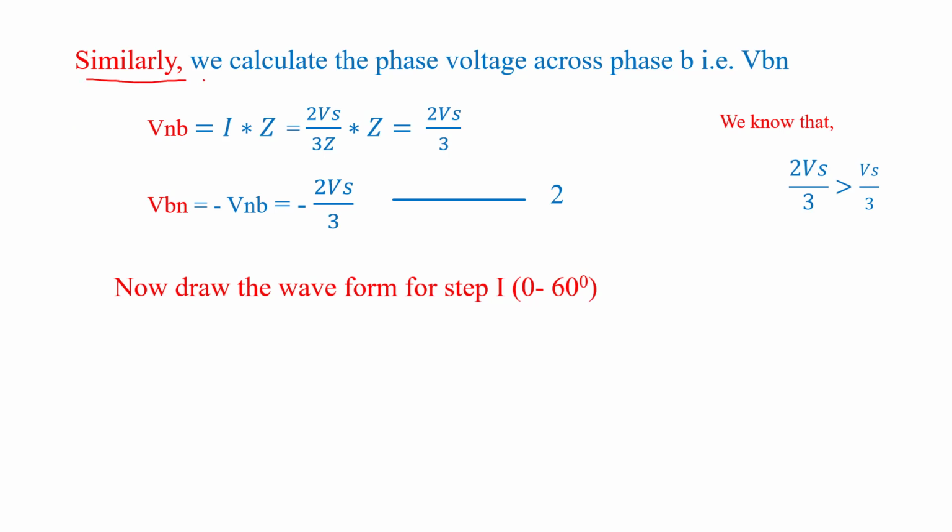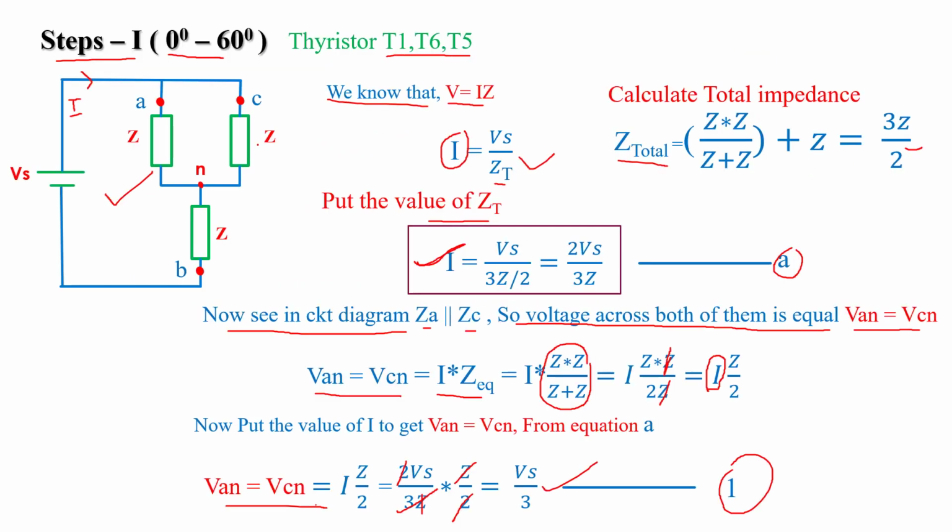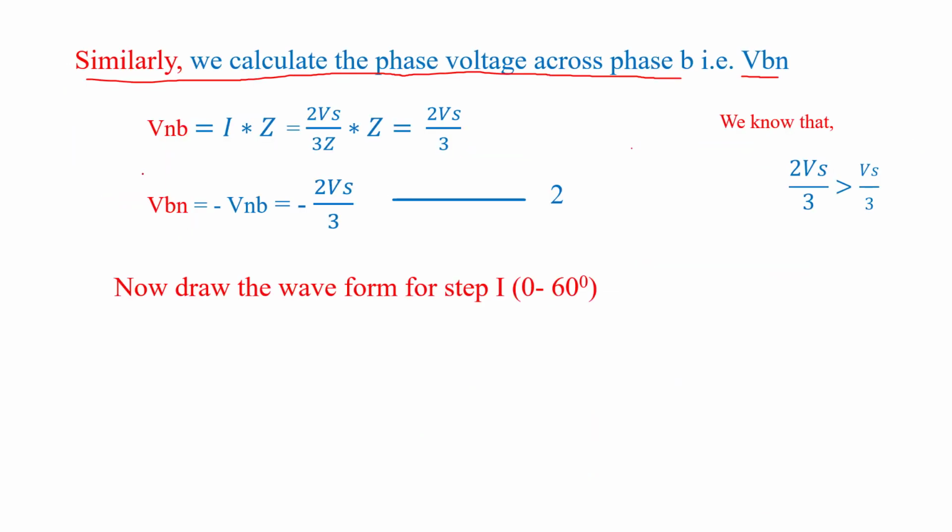Now, similarly, we calculate the phase voltage across phase B, that is VBN. But in the circuit diagram, the current flows in the direction from neutral to phase B. So first we calculate VNB. VNB equals I multiplied by Z. We already calculated I, so we take the value of I from equation 1: 2Vs by 3Z multiplied by Z. Z cancels, and the value is 2Vs by 3.